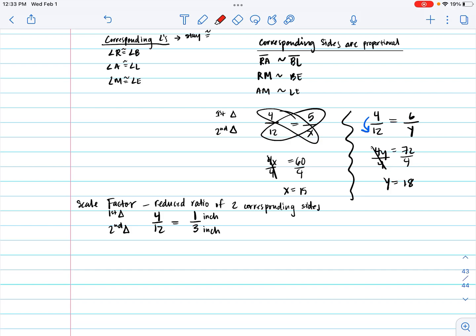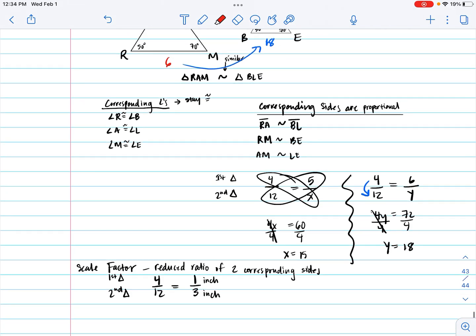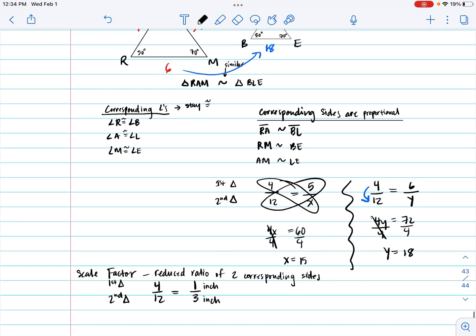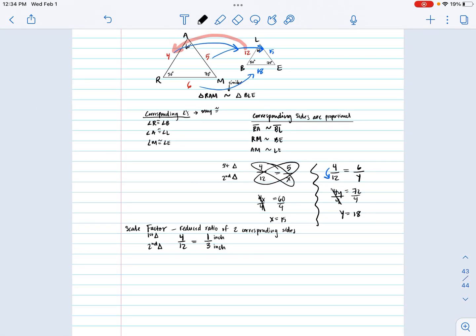And then lastly, you could also do the scale factor in terms of perimeter. If you look at this example, 4, 5, and 6 add up to 15. So the first triangle's perimeter is equal to 15 units.